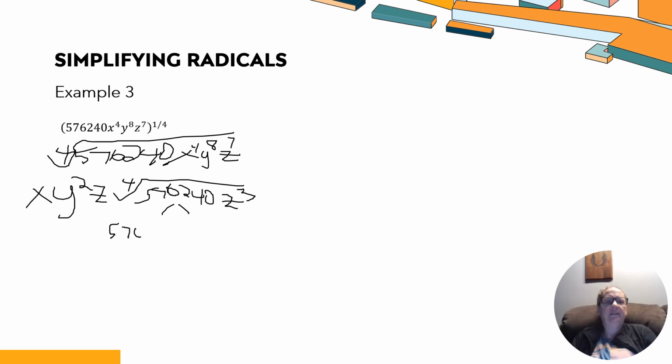So 57024 times 10. And then I'm going to look at this number. So 24, the end digits, is divisible by 4. So that means the whole thing is divisible by 4. Divide by 4. It's 14,256 times 4.